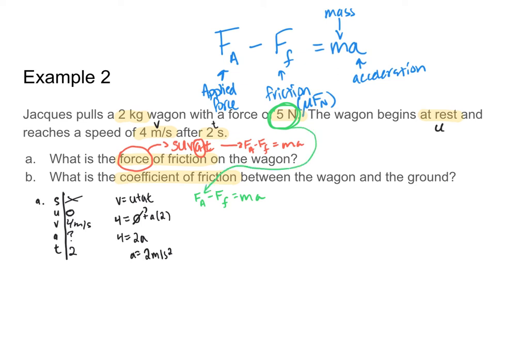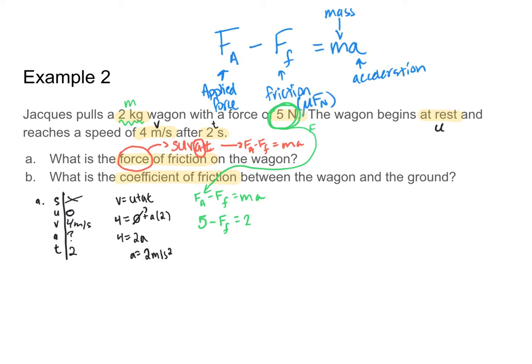So my 5 newtons is the applied force that Jacques is pulling this wagon with. So that 5 newtons is going to go in there as my applied force. I'm trying to find my force of friction so that can stay unknown. I know that my wagon has a mass of 2 kilograms.